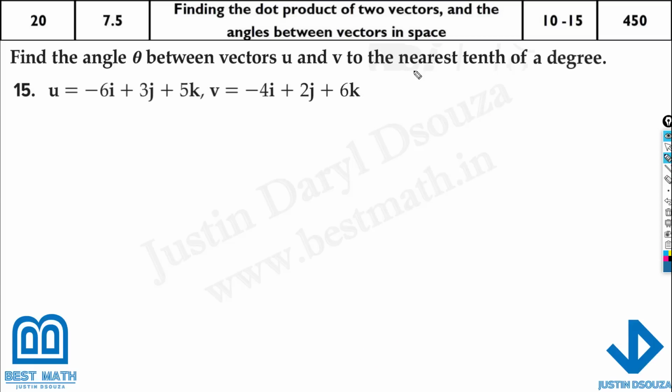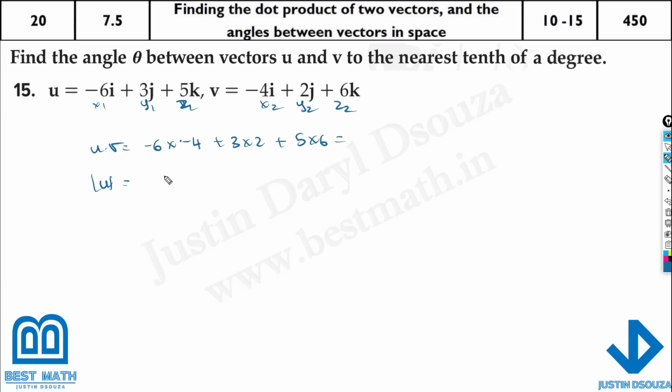Let me do the last problem here. First of all, remember this is x1, y1, z1, x2, y2, z2. I'm not going to write the formulas and everything. I'll just directly write the answers. So u dot product v will be minus 6 times minus 4 plus 3 times 2 plus 5 times 6.